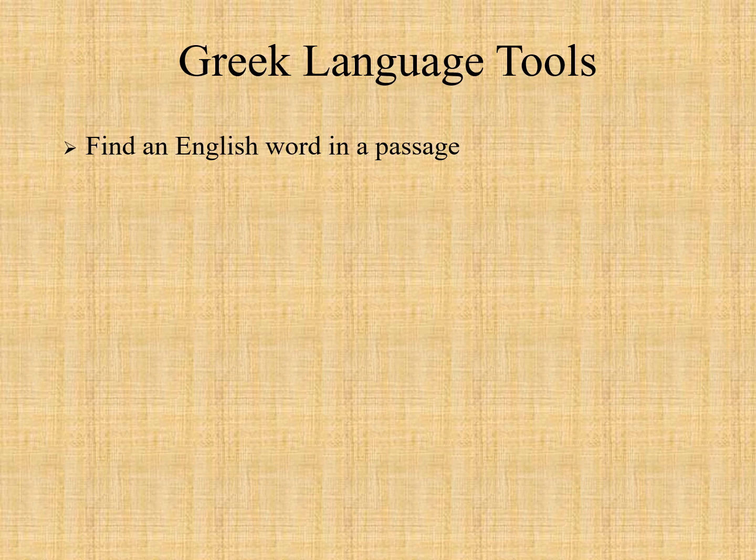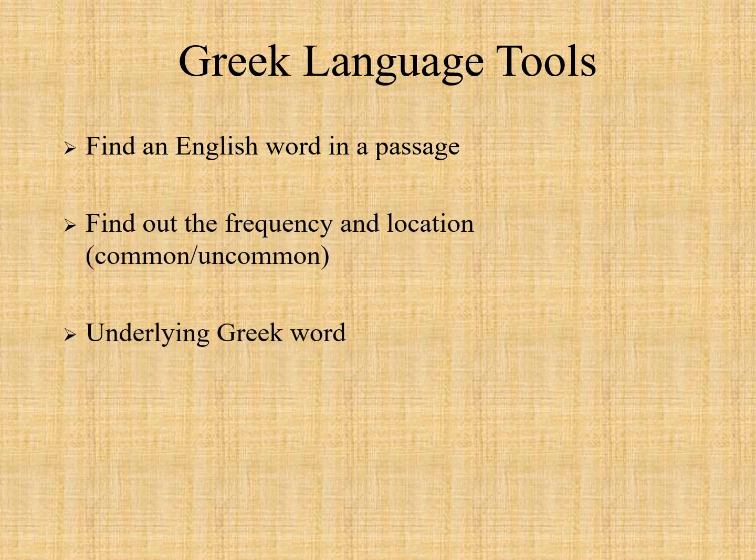But still, as a summary, I think we learned how to use the concordance, and we now know how to find an English word in a passage and find out its frequency and location. We could also look at whether the word oikomene is common or uncommon in Luke's Gospel.